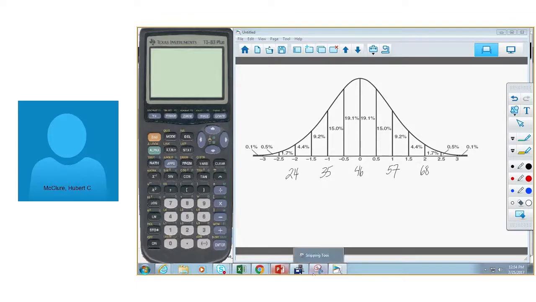What's the difference between 35 and 46? 11. So that means this is 40 and this is 35. Half of 11 would be what? 5.5. So this is 52.